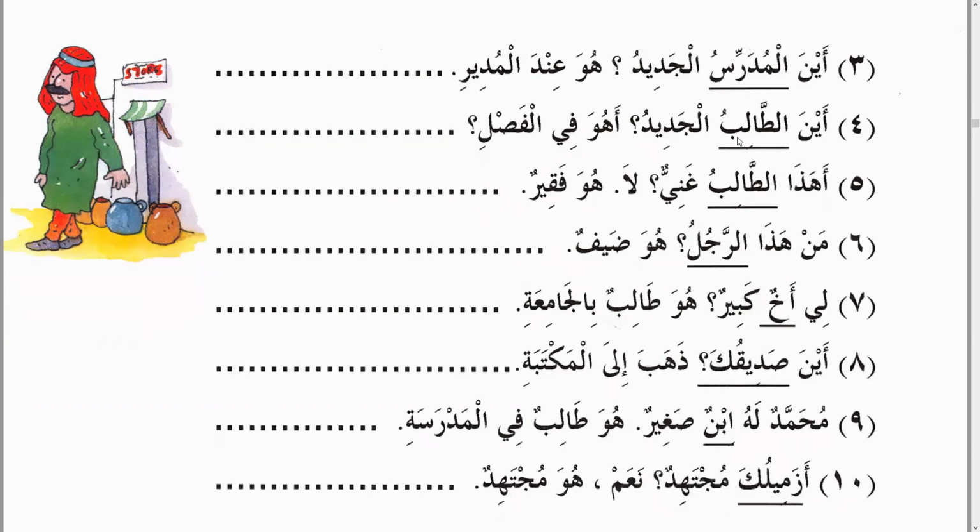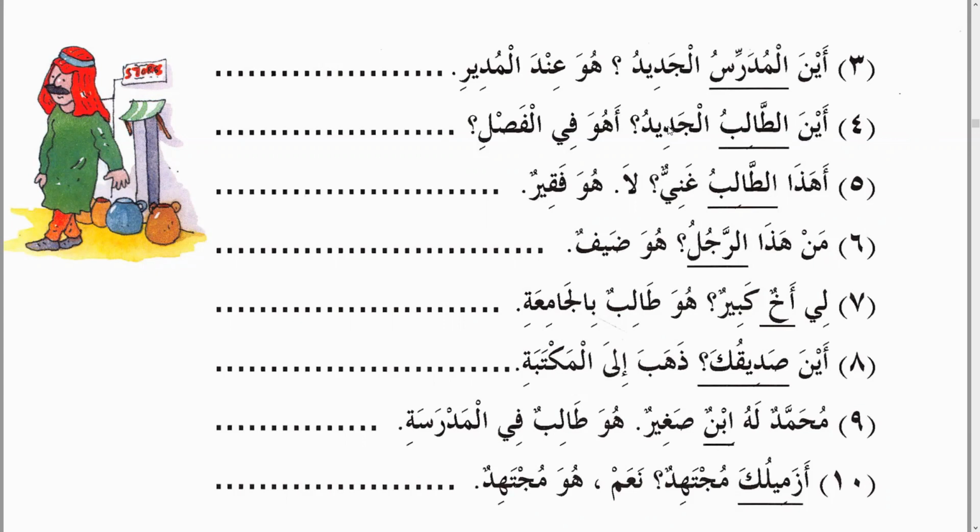Right? Aina Talibul Jadidu. The next one. Where is the new student? Ahuwa fil fasli? Is he in the class? So we'll say Aina Tullab. What is Talib's plural? Tullab. Al Jadid again has a plural: Judud. Judud is used both for masculine and for feminine. It's the same for both.